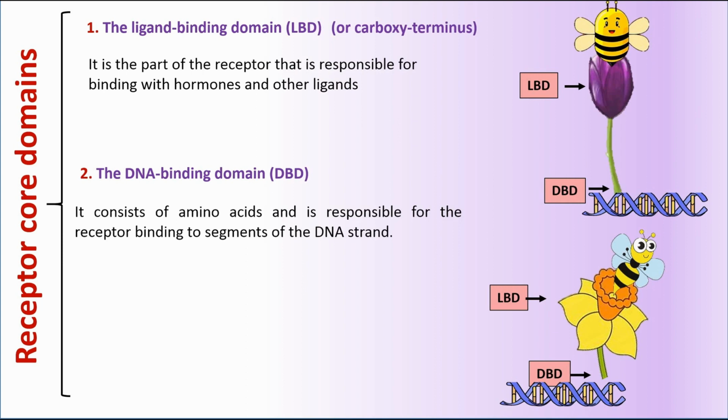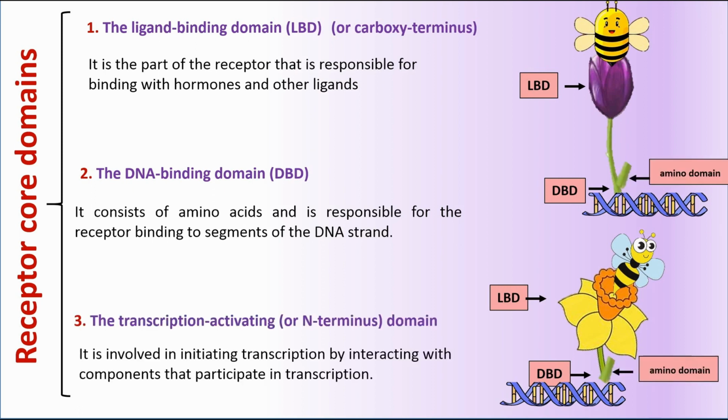It consists of amino acids and it's responsible for the receptor binding to segments of DNA strand. And number 3, the transcription activating or N-terminus domain. It is involved in initiating transcription by interacting with components that participate in transcription.